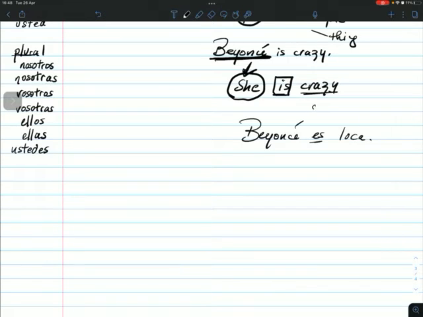So we're using ser, the describing verb, to be. What's your pronoun? Okay, we want to say that she's crazy, but we don't want her to hear it, so we send a substitute and use that instead. She is crazy. All right.